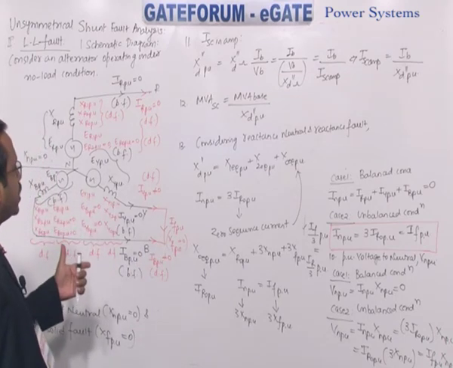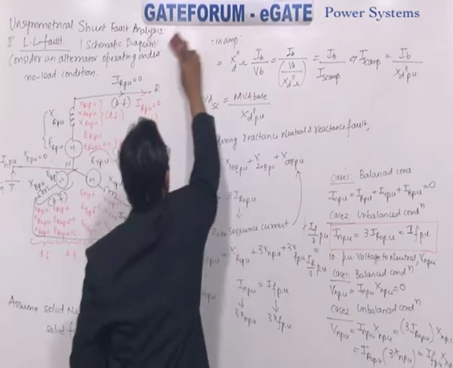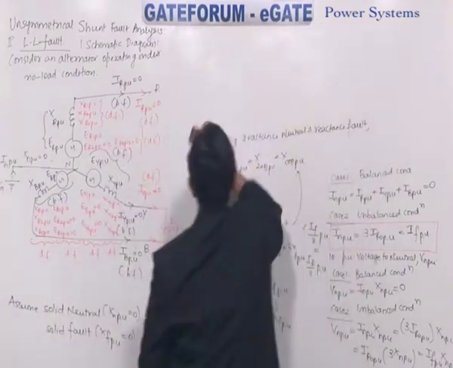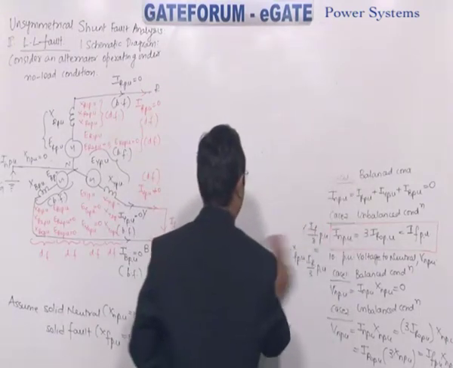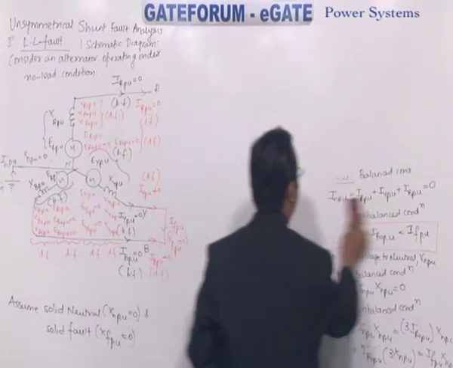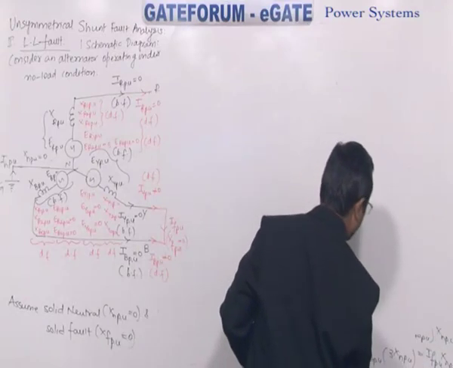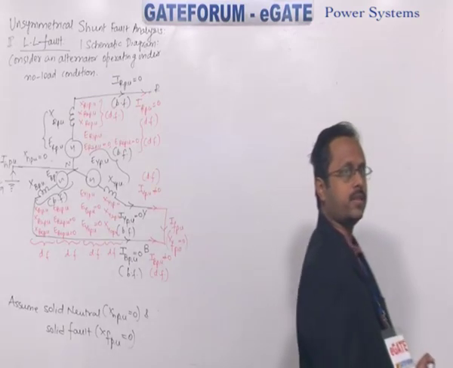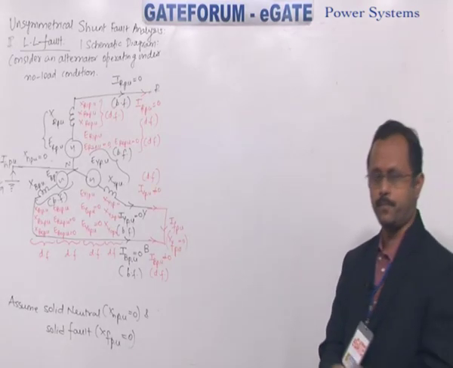So for this line to line fault, now we check what are the boundary conditions. And you know, irrespective of fault, how many boundary conditions do we have? Equal to the number of sequence networks, that is equal to 3.